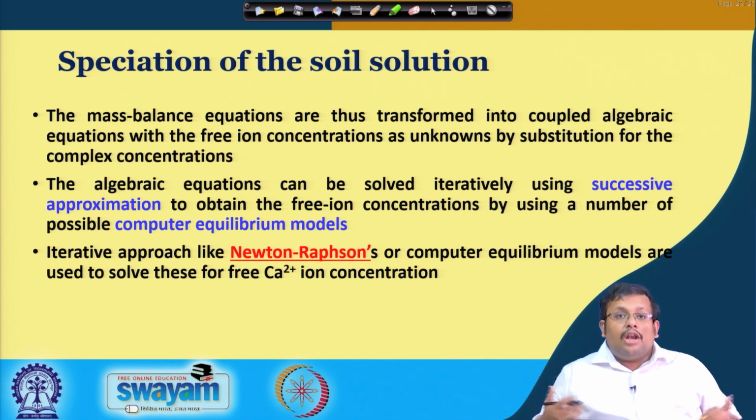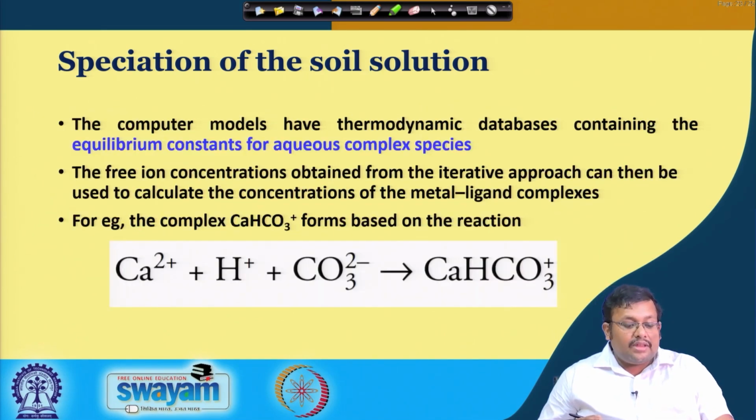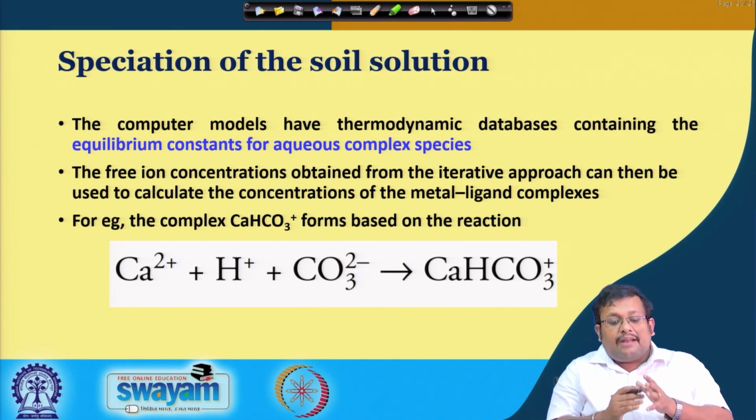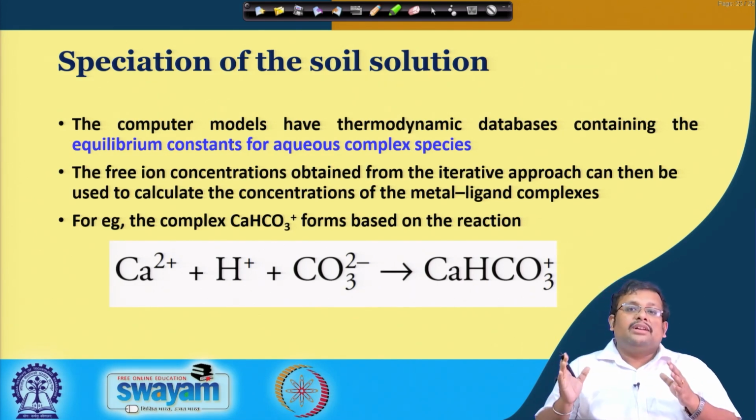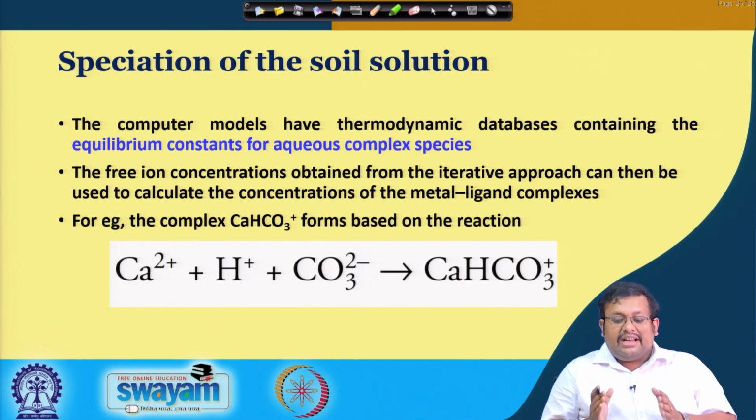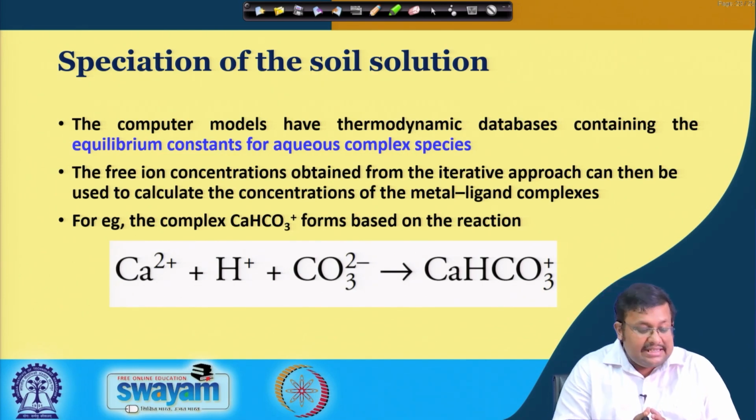Now, we follow an iterative approach like the Newton-Raphson approach or a computed equilibrium model to solve for the free calcium ion concentration. Now, for speciation of the soil solution, all these computer models have a thermodynamic database containing the equilibrium constants for aqueous complex species.